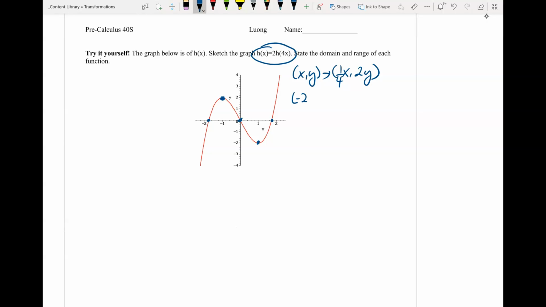Okay, so that point is at (-1.8, 0). Next one's at (-1, 2). Then (0, 0), (1, -2), and then (1.8, 0).